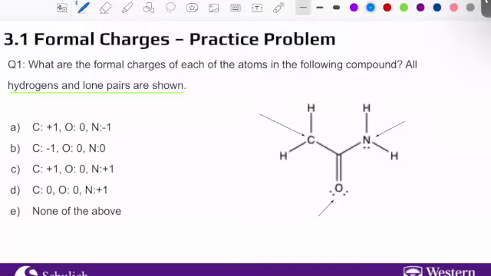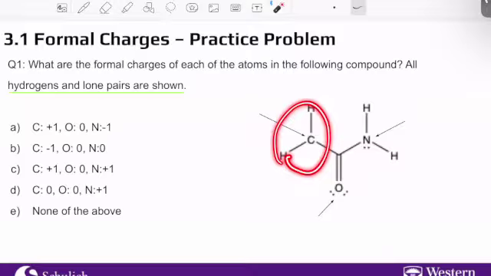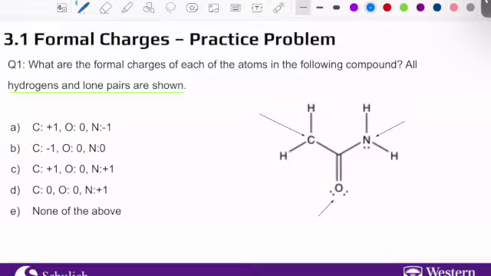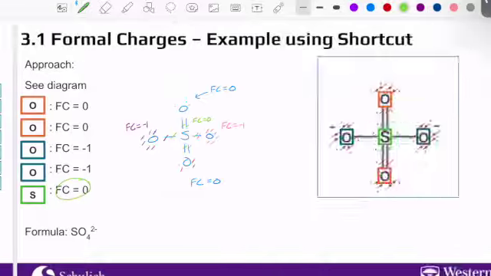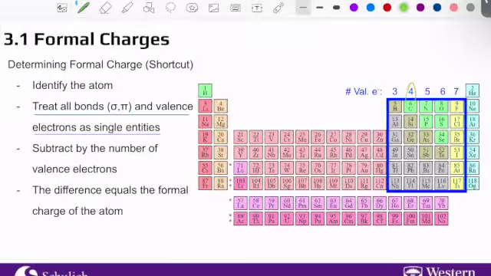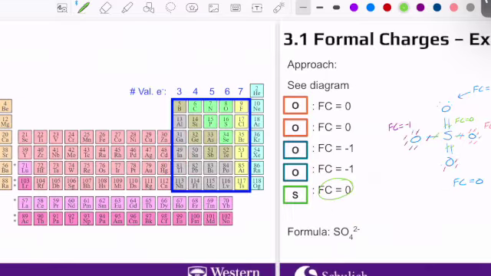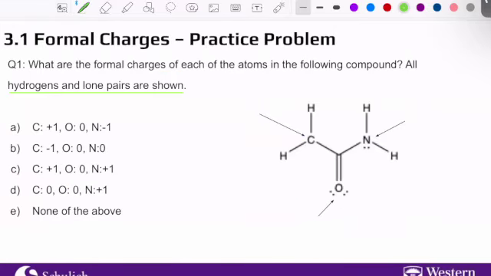I'm going to start on the left here with this carbon. We know carbon has 4 valence electrons, meaning if we apply the shortcut, it should be 3, 2, 1, meaning the formal charge of carbon is +1.